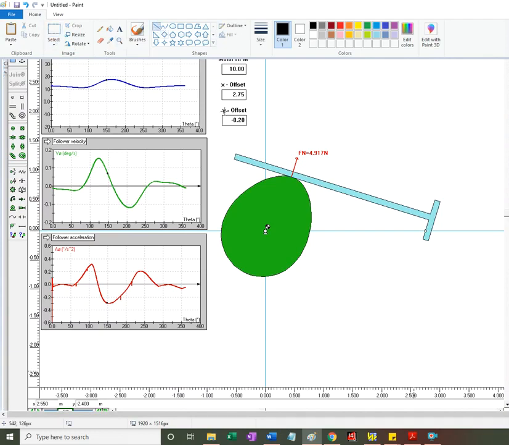The pressure angle is the angle between the force at the contact point and the velocity at the contact point. Velocity at the contact point will be perpendicular to the line.